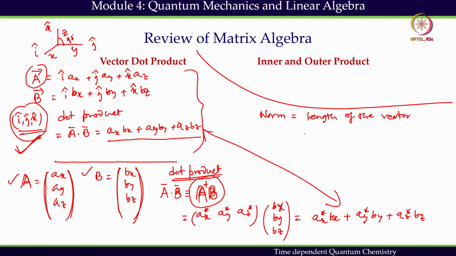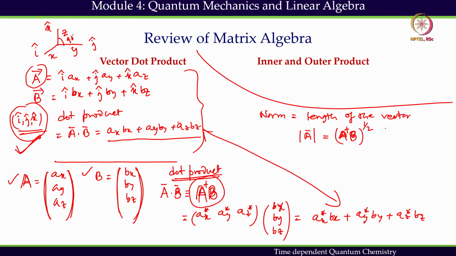That is the vectorial representation. Then we will go for the matrix representation. The matrix representation is going to be A dagger B to the power half.